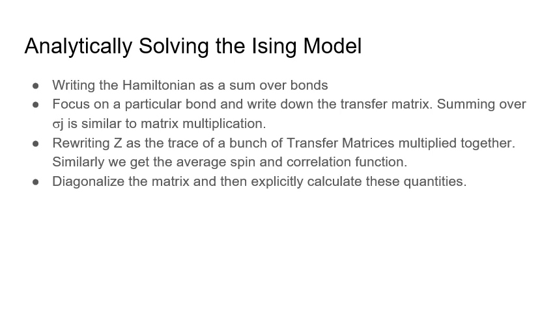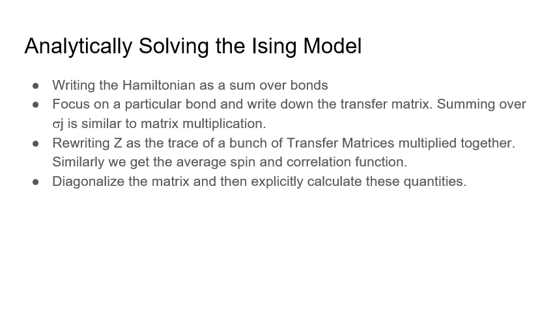Then we will be rewriting Z as the trace of a bunch of transfer matrices multiplied together. So a transfer matrix is just basically a notational trick that is used to describe Z, the partition function, much more effectively. So similarly, we'll get the average spin and the correlation function.